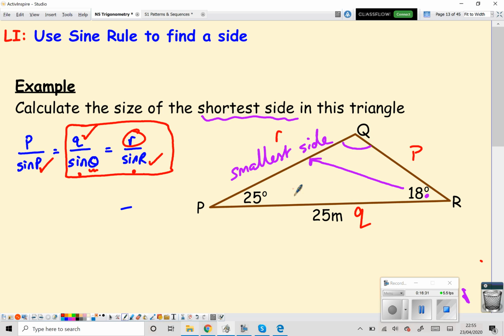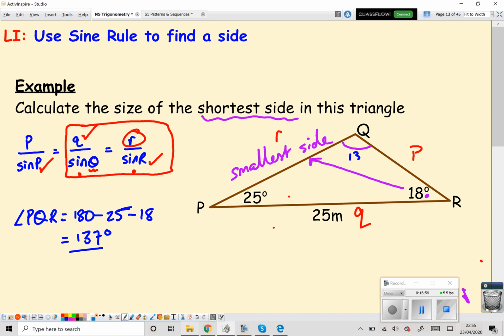And if I know two out of the three angles, I can always work out the third angle, no trigonometry necessary. So I'm going to work out angle PQR. Angle PQR is 180, take away 25, take away 18, and that gives you 137 degrees.